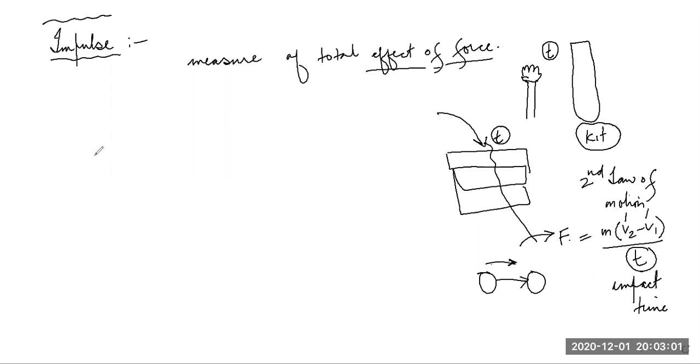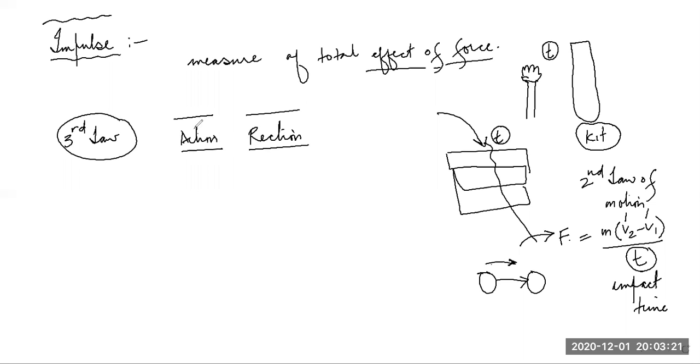Normally a person will say that when force is there, the effect of force is force only. There are some people, including me, who believe that the third law is not properly stated by Newton. It says that action and reaction are equal and opposite, not always. There is a researcher I've heard of recently who has said Newton did not take into account the shape of the bodies.